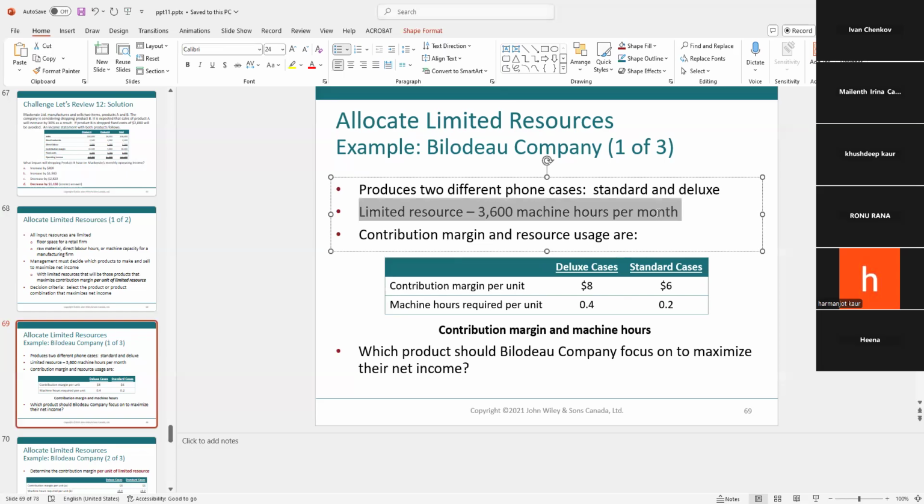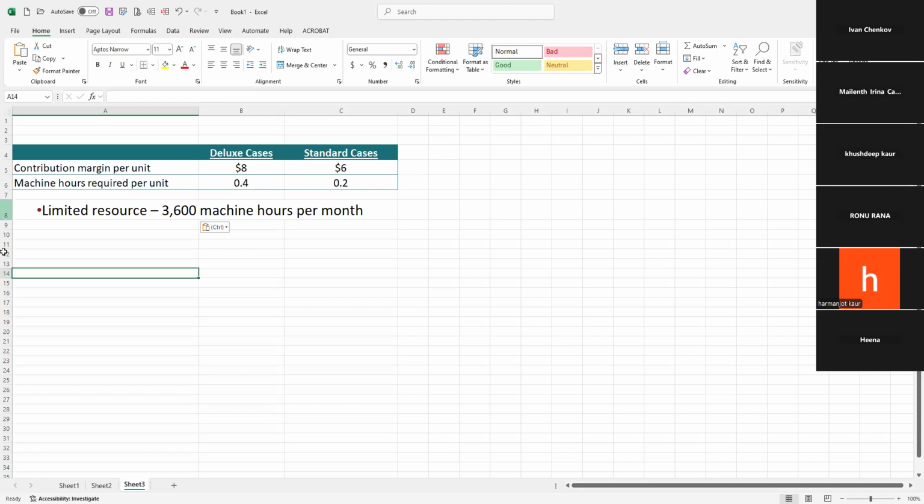So again, the limited resource is the machine hours per month. I'm going to stop sharing this, and I'm going to share this Excel spreadsheet. So watch this.